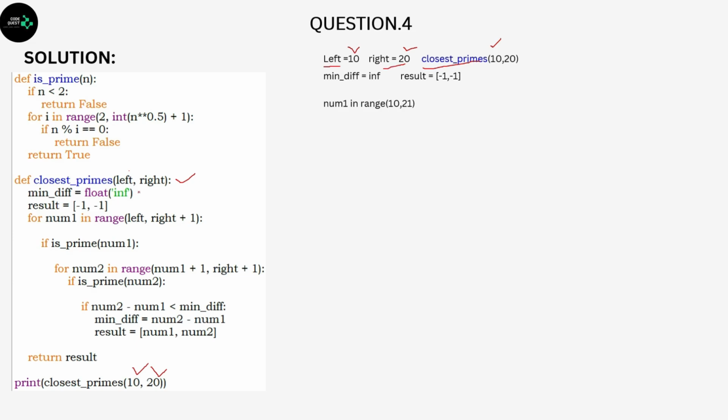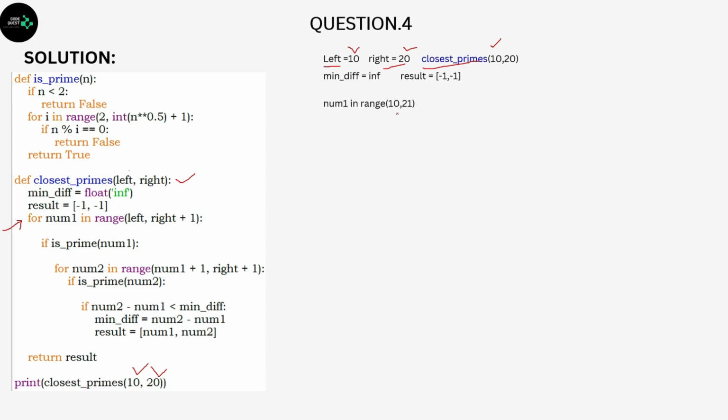So when we get into the function body, the very first line we have is min underscore difference set to infinity. At the same time we also took this result which is holding -1, -1. Now when I start this outer for loop, where we have written num1 in range of left comma right plus 1, as the left value is 10 and the right value is 20, so it is 21.